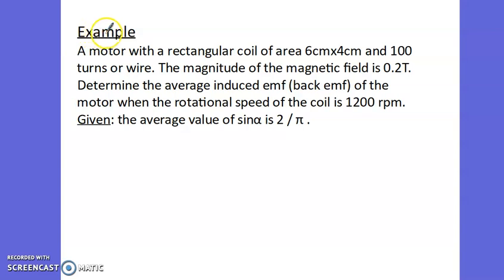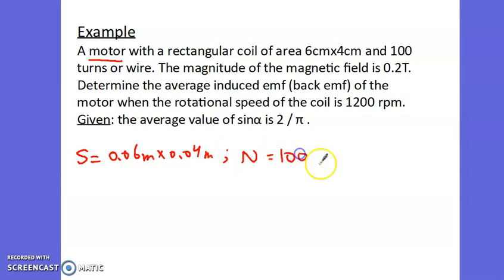Let's solve some direct application about the motor. So here we have a motor with a rectangular coil of area S equal 0.06 meter times 0.04 meter, and number of loops N equal 100.